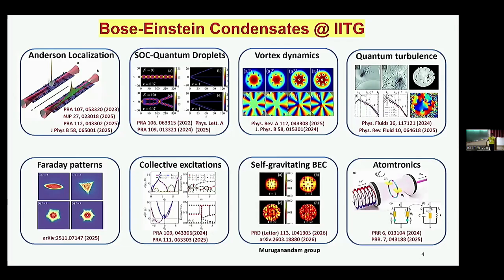quantum droplets. Our group is also now actively working on some of the nonlinear patterns that we can get in different phases of condensates, and some work on quasi-periodic excitation in condensates. With Professor Muruganandan, we have some work where we have used self-gravitating BEC to address many astrophysical phenomena like glitches in neutron stars and dark matter.